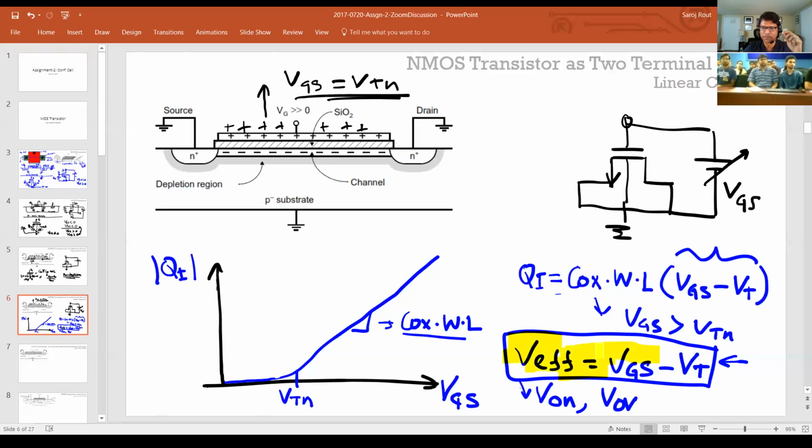This is a pretty important, simple but important expression, because a lot of times people think V effective is VDS for saturation, or V on is that, but it just simply means whatever gate to source voltage you have, how much it is above the threshold voltage of that transistor. Okay, so far everyone is good, or you have any questions?